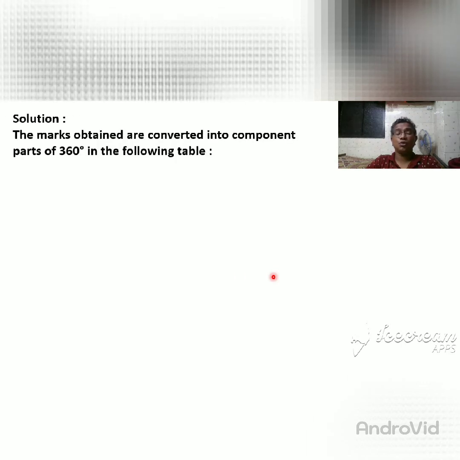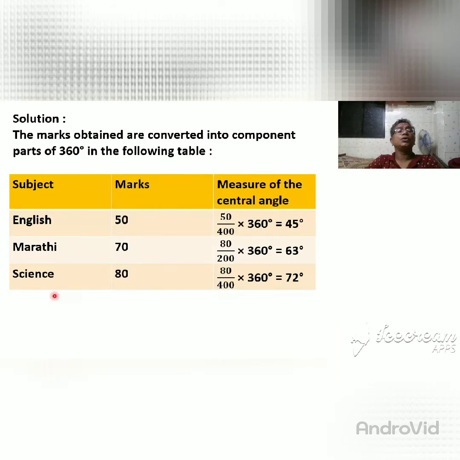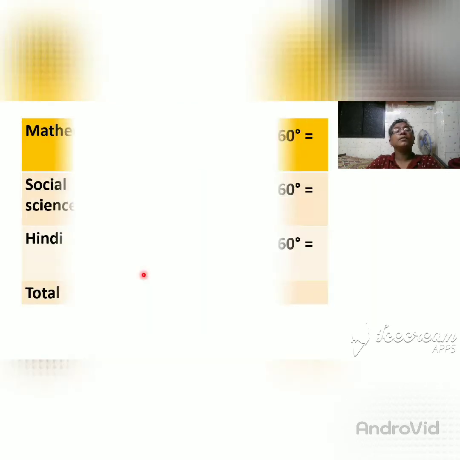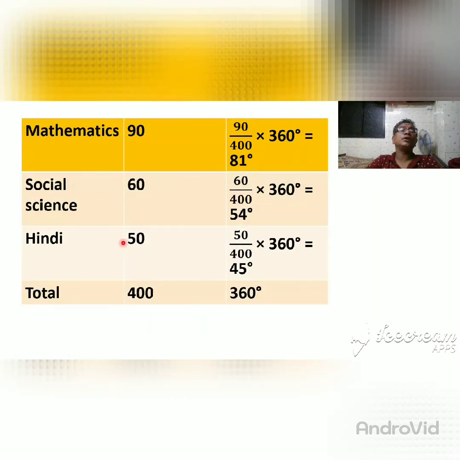Okay, we draw the frequency table. So a pie diagram is 360 degree, so I write 360. Subject, marks, and here the measure of the central angle. English 50, Marathi 70, Science 80, Mathematics 90, Social Science 60, Hindi 50.